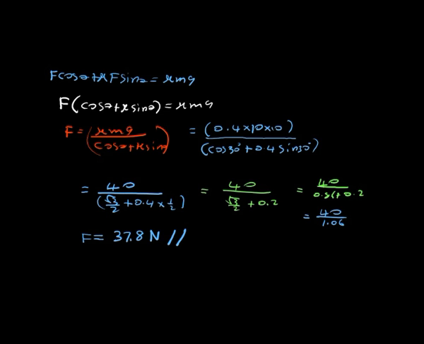Now the next part is F. I'm going to take the common factor out: F times (cos theta plus mu sine theta) equals mu mg. Now F is mu mg over (cos theta plus mu sine theta). The mu is 0.4, the mass is 10 kilogram, the gravitational acceleration is 10, and cos 30 plus 0.4 times sin 30. The mathematical values for this are root 3 over 2 plus 0.4 times half.